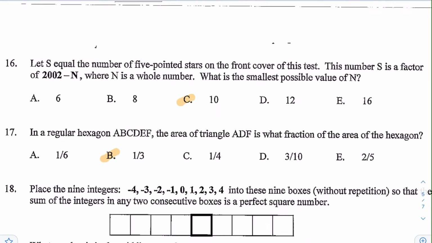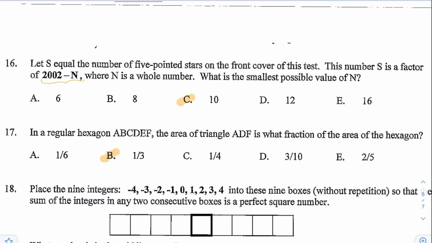Okay, next for number 16, let S be equal to the number of 5-pointed stars on the front cover of the test. The number S is the factor of 2002 minus n, where n is a whole number. What is the smallest possible value for n? So S is a factor of this number, and this has to be a whole number.